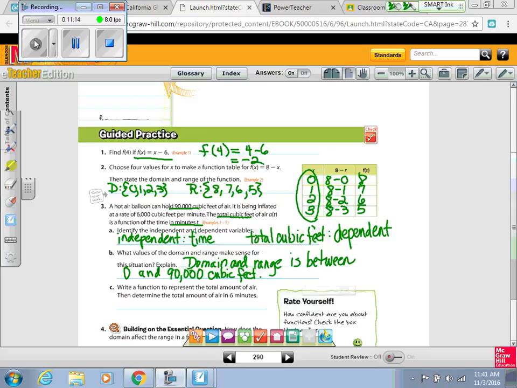Finally, C says to write a function to represent the total amount of air. Actually I'm going to use t: f of t equals the rate of 6,000 cubic feet times time, because it's per minute.